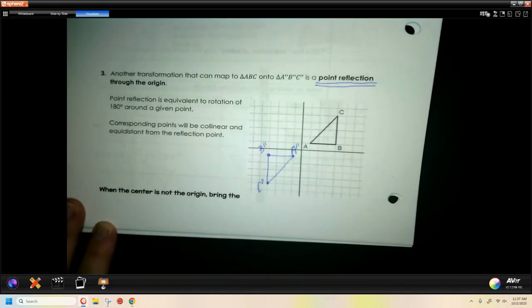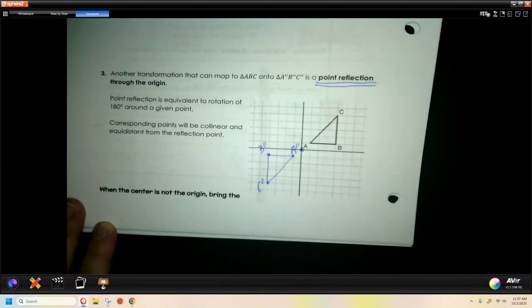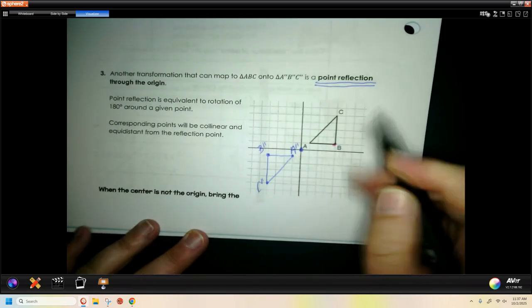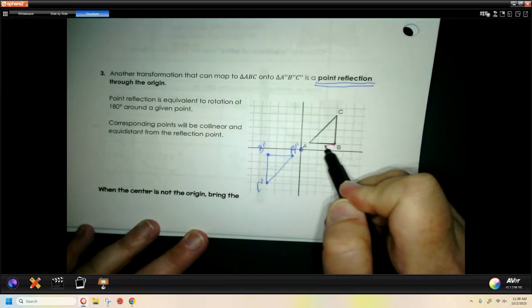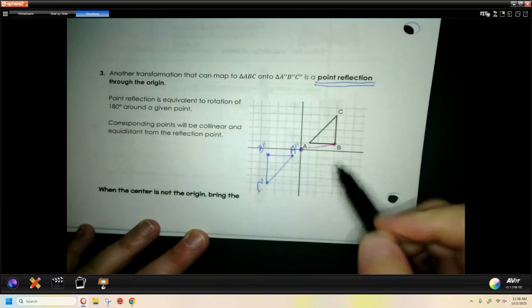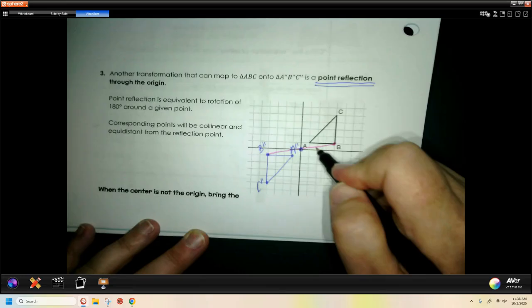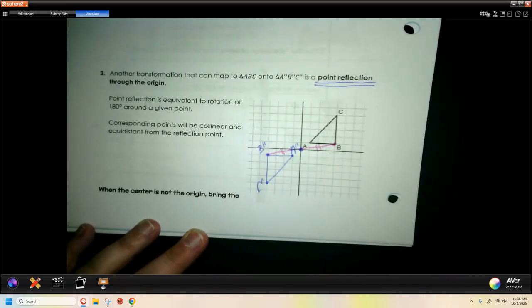So a point reflection is literally, and I'm going to use the origin as the point I'm reflecting through, I take, for example, point B to the point and then I reflect it to the other side. Do you see how this piece is equal to that piece, and the origin is in the middle?